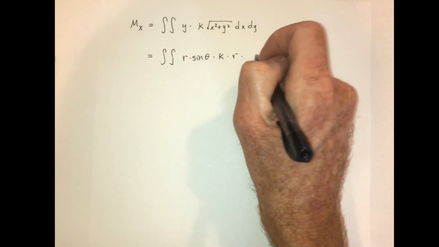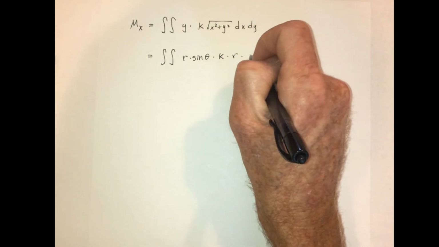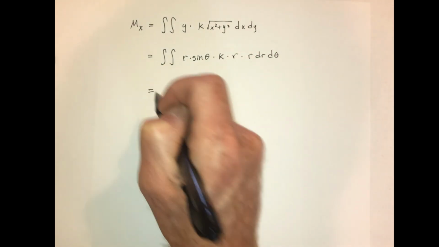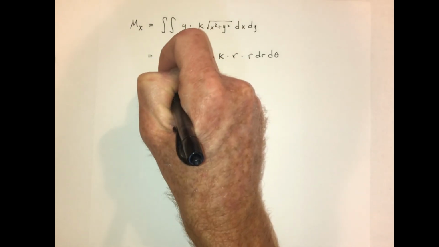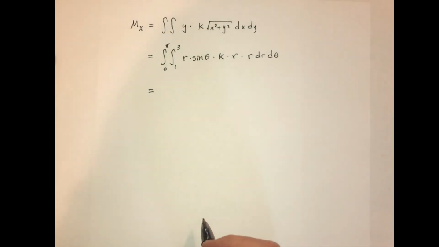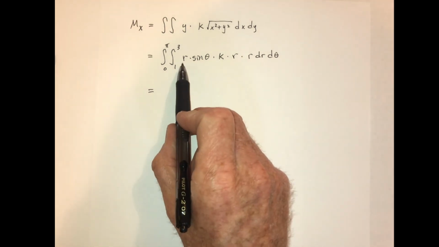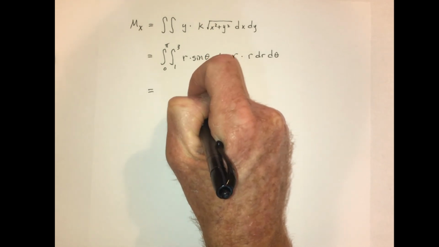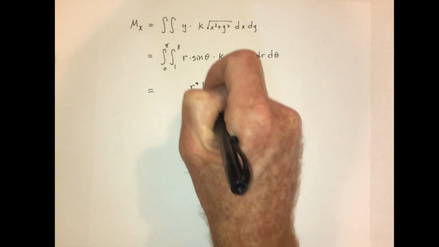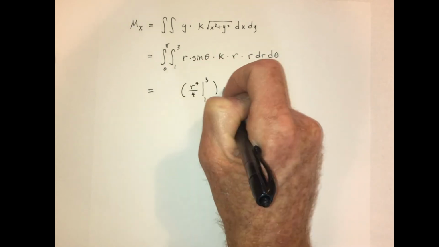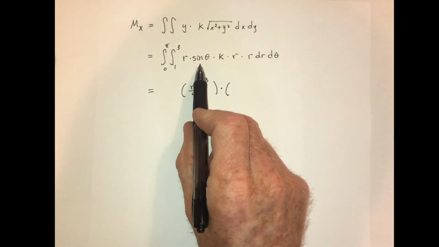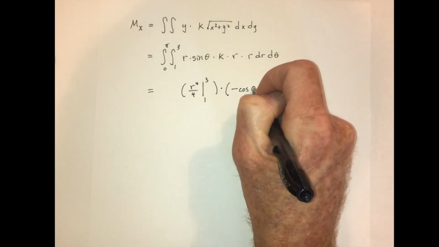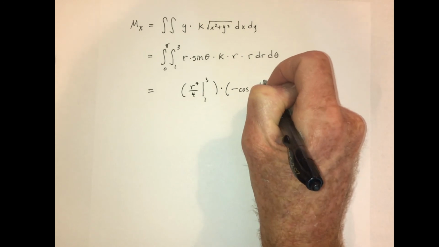The square root becomes r, and dx dy becomes r dr d theta. And of course, there's the same limits. So once again, this is r cubed, so the antiderivative is r to the 4th over 4, evaluated from 1 to 3. Then the antiderivative of sine, so that is negative cosine, evaluated from 0 to pi.